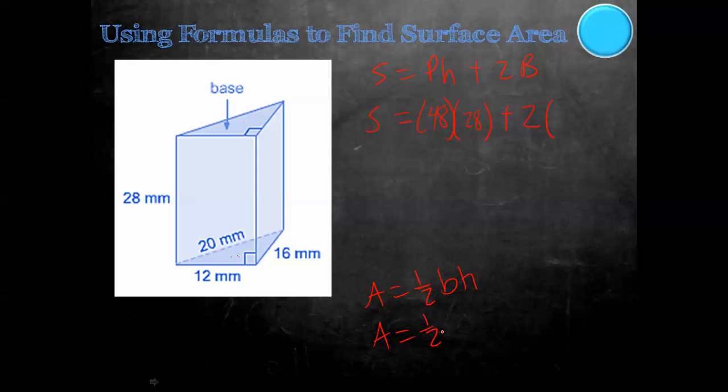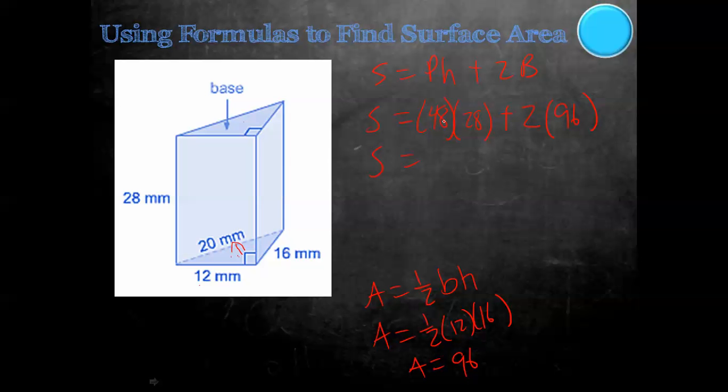If we look here, the 20 is across from the hypotenuse, so the legs are the base and the height. So we're going to take 12 times 16 and divide that by 2, which is 96. So we're going to put in 96 right here.